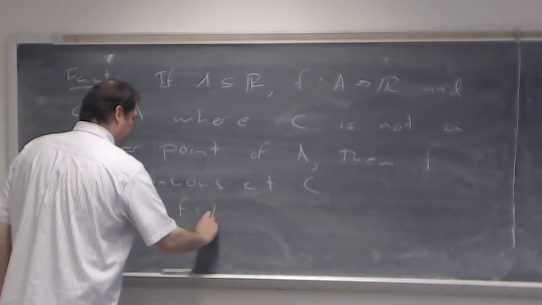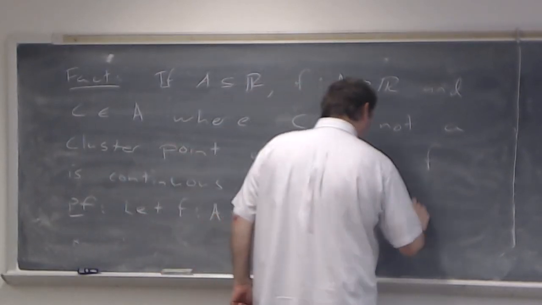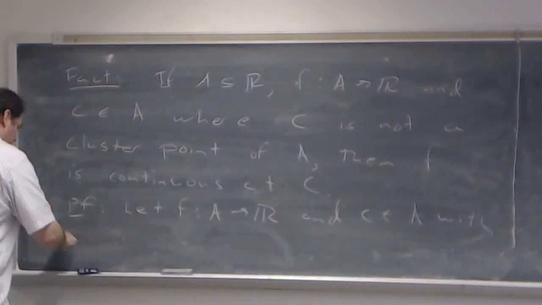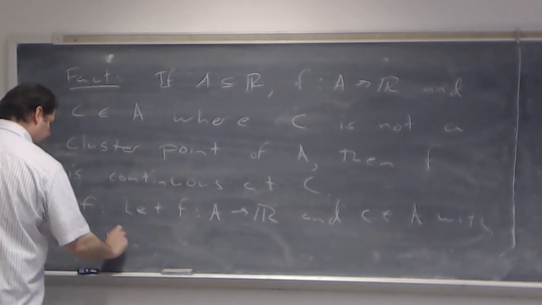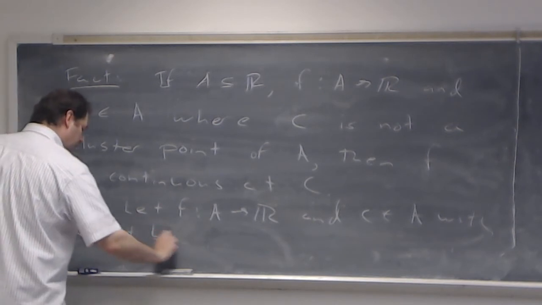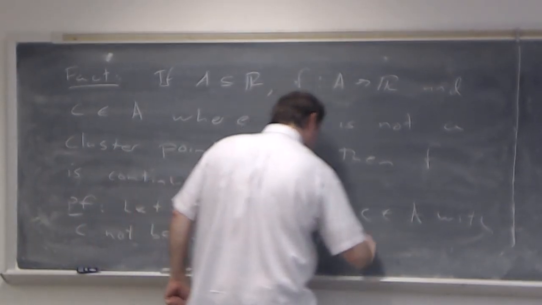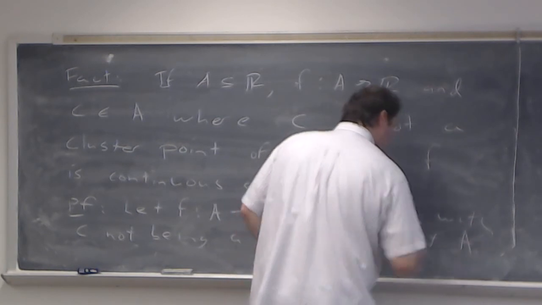Let F go from A to R, and C be an element of A with C not being a cluster point. What do we want to show?